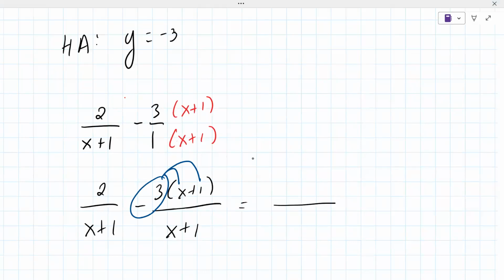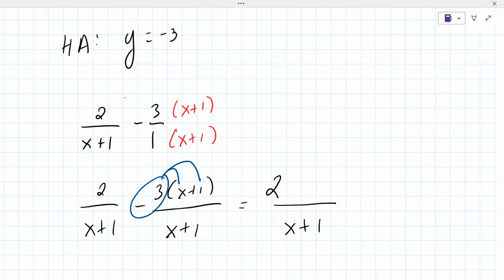Tell me what that becomes when you multiply in. -3 times x is -3x, plus -3 times 1 is -3.